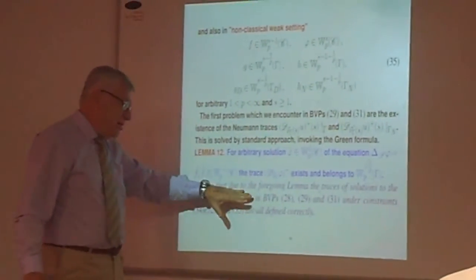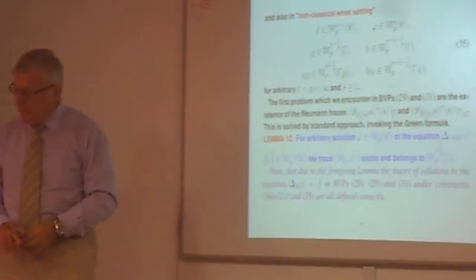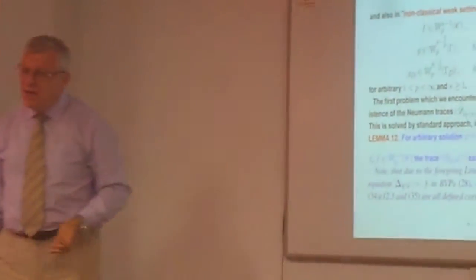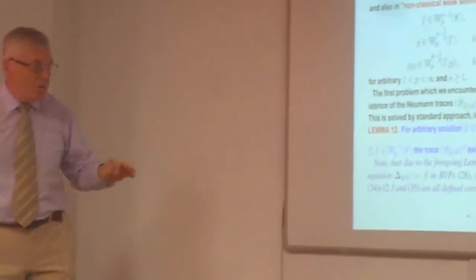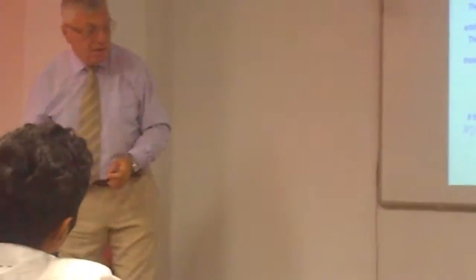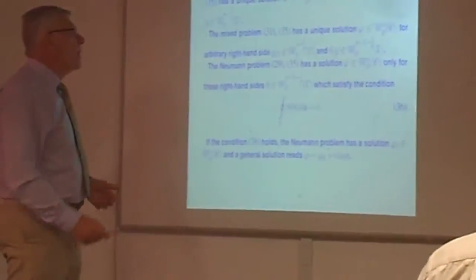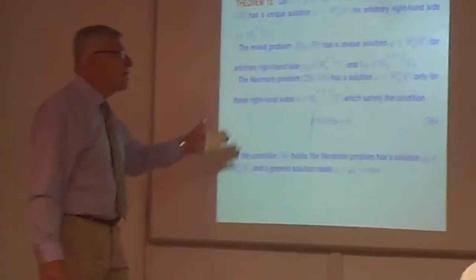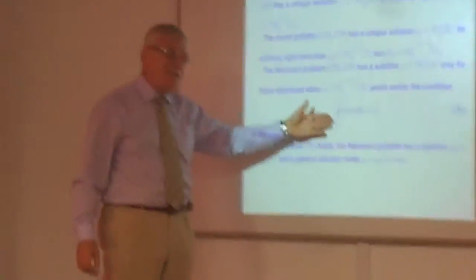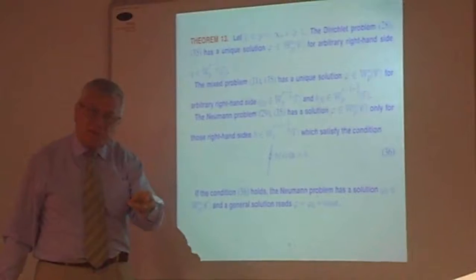We use the usual technique, the Green formulae, and prove that these traces exist. So the setting is correct. That is the first conclusion. After this we can formulate the theorem that the solutions to our problems exist and are unique for the Dirichlet problem and for the mixed problem.